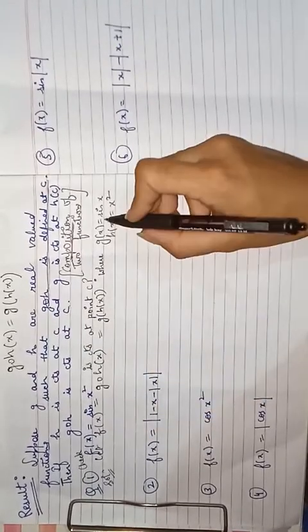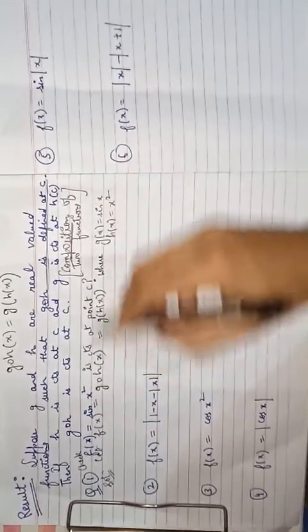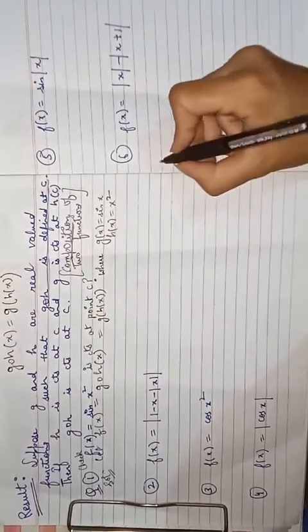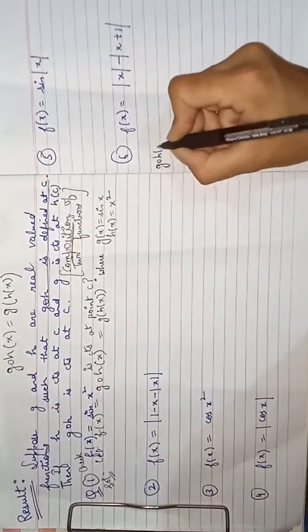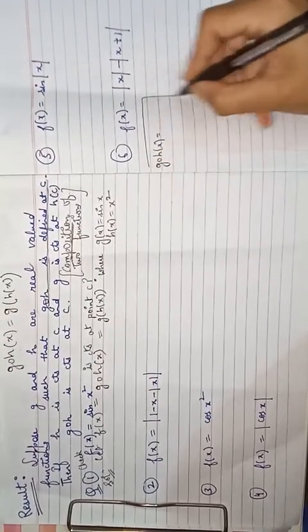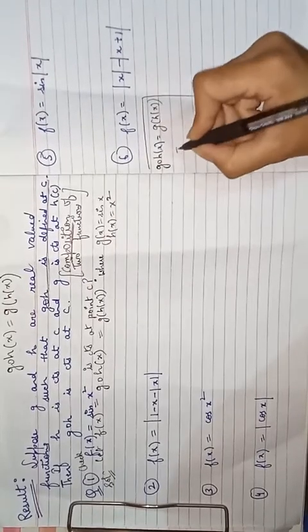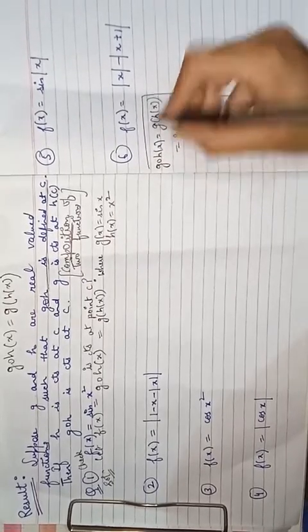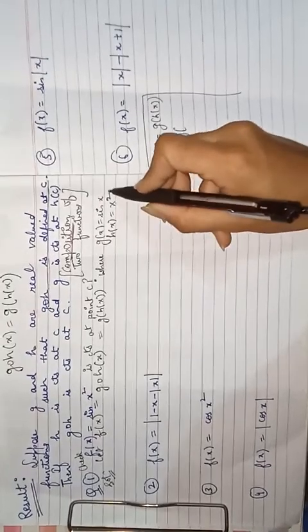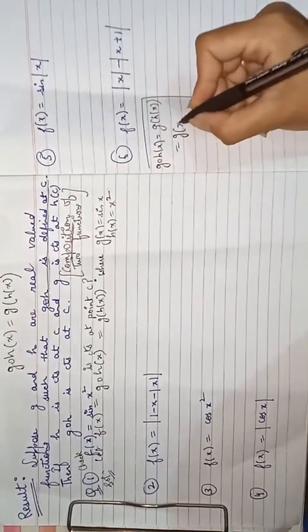Because if you want to make this function GOH equal to sine of x square, GOH of x is g of h of x. Put the value of h of x. What is h of x? It is x square. So you can write x square here.